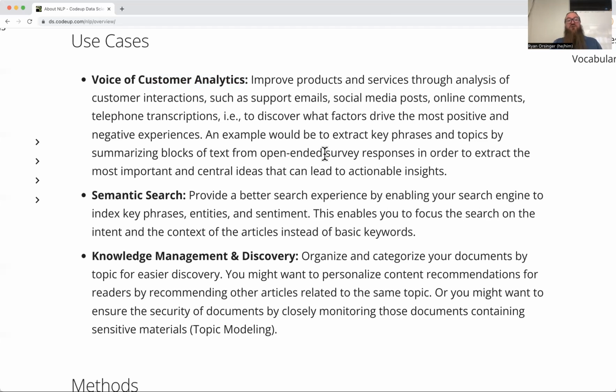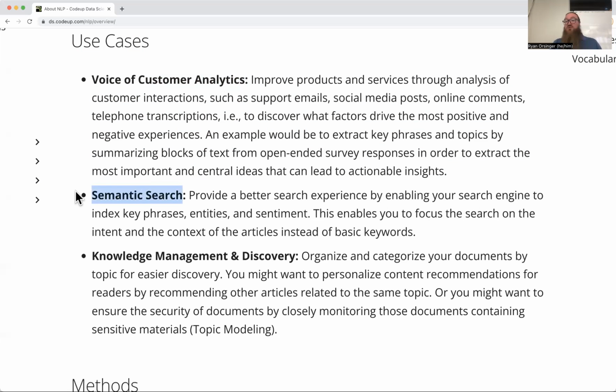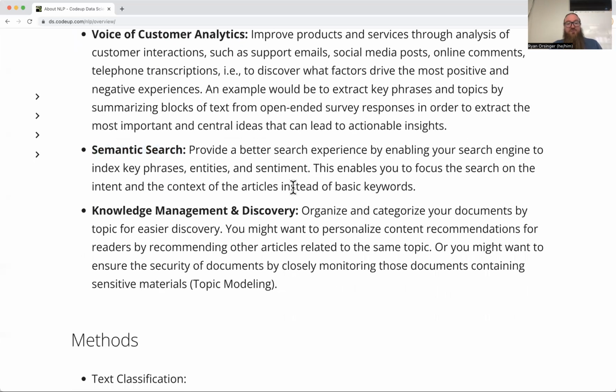So extracting key phrases, going through telephone transcriptions, the sky's the limit. If you can turn something into text, you can then do NLP on it. Search and semantic search. So search engines use a heck of a lot of NLP, right? And knowledge management, discovery.